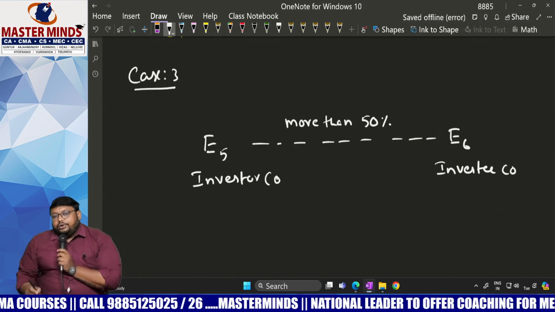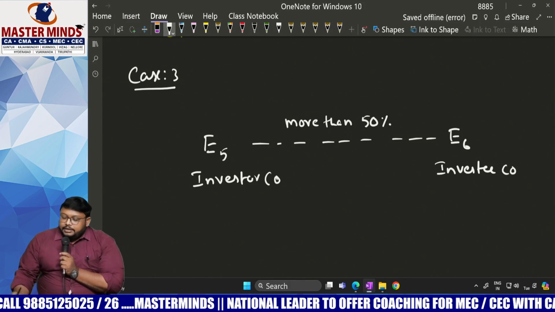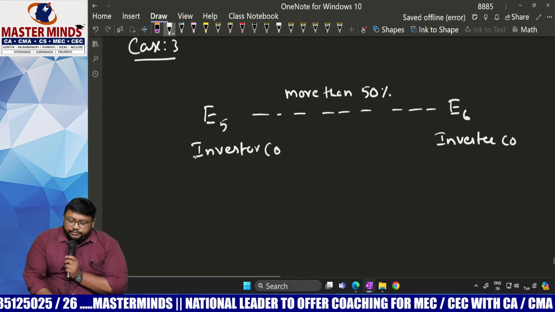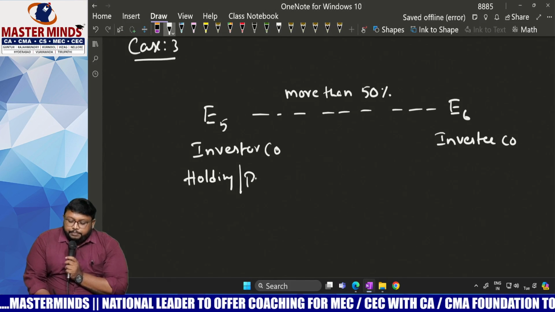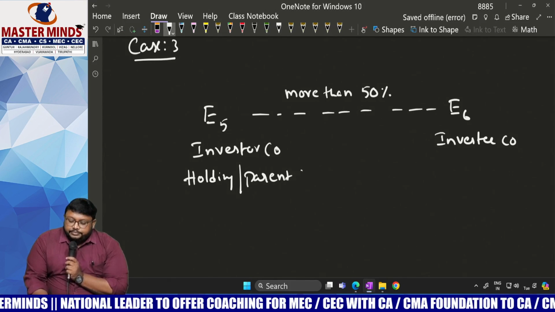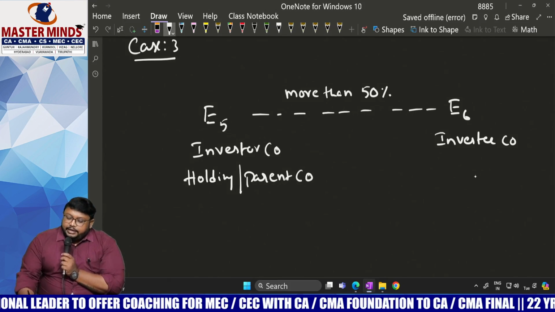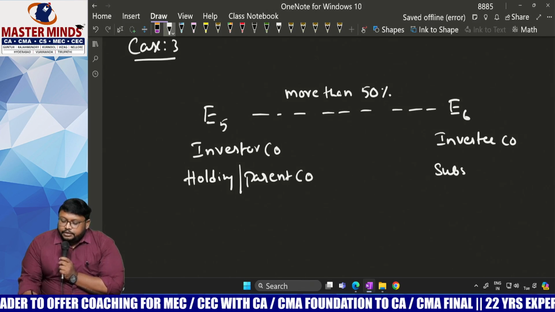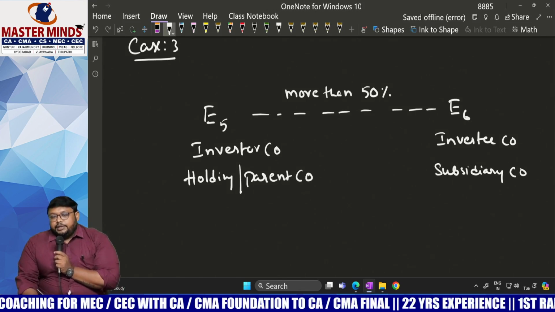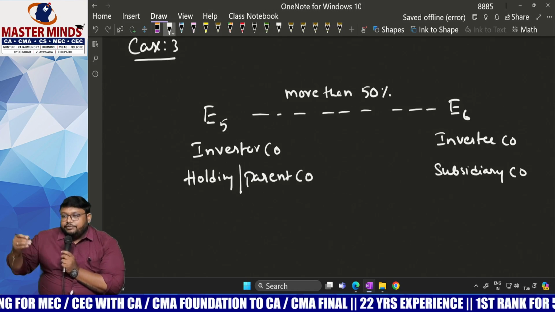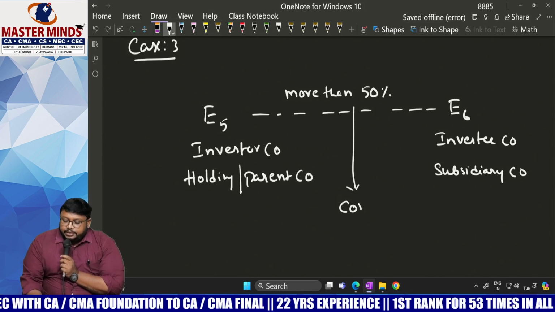If any company holds more than 50% of stakes in any other company, then we can say the investor company will be called a holding company, or the parent company. So this we call either holding company or parent company, and the investee company will be the subsidiary company. If you hold more than 50% stakes in any other company, immediately you will get control over that company.